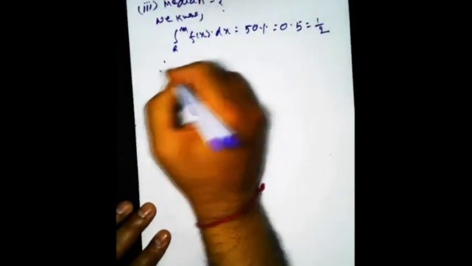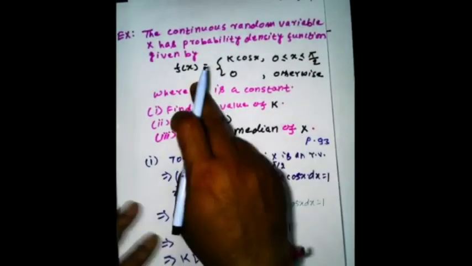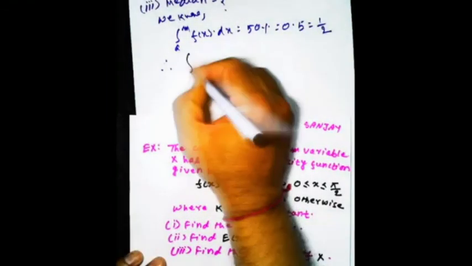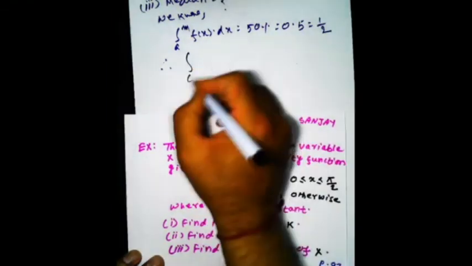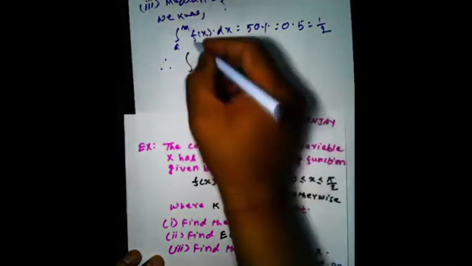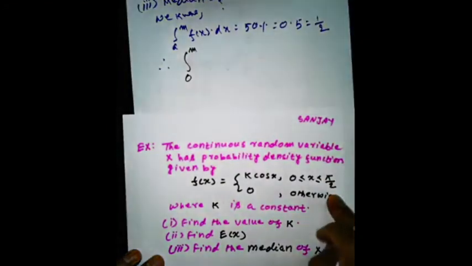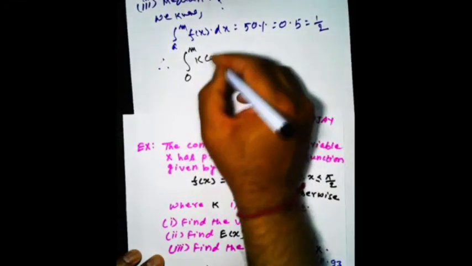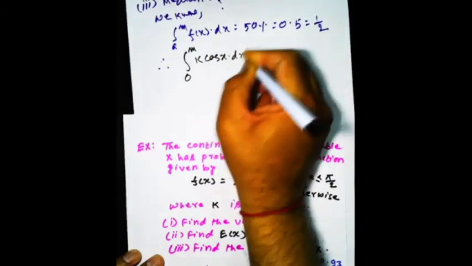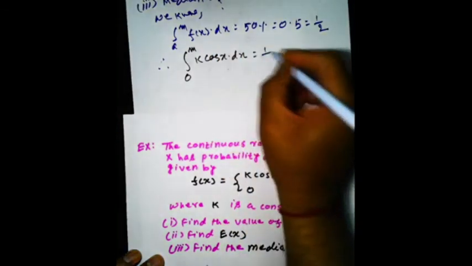So we start with f(x), which is k times cos x. Take the sign of integration from 0 to pi by 2 here. It is 0 to, not pi by 2 now, it is 0 to m, the middle value of 0 and pi by 2. And f(x) is k times cos x dx, and that equals half.